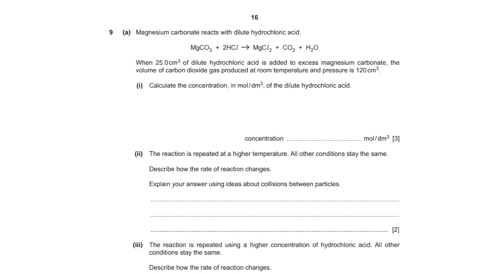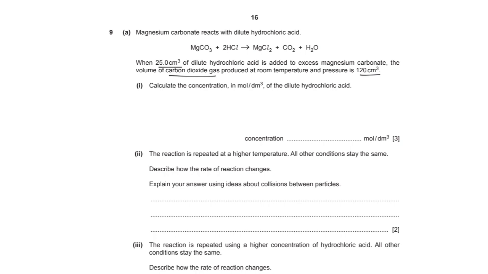Okay, so you have a question. Magnesium carbonate reacts with HCl to form magnesium chloride, carbon dioxide and water. You are given the volume of HCl that is added to magnesium carbonate. The first step is to calculate the moles with the given information. You have the moles of HCl, and you know the volume of carbon dioxide.